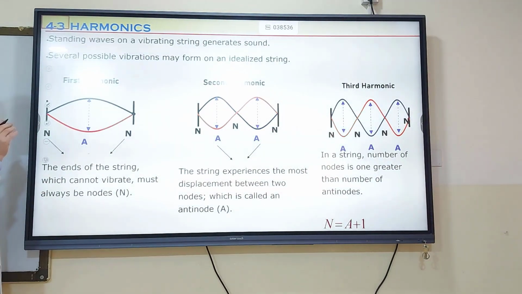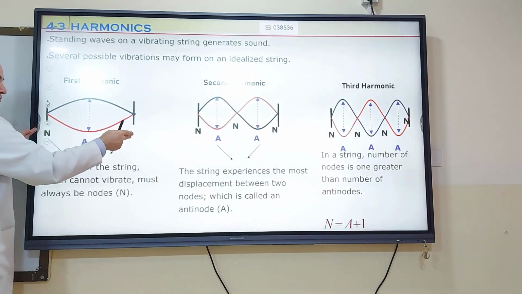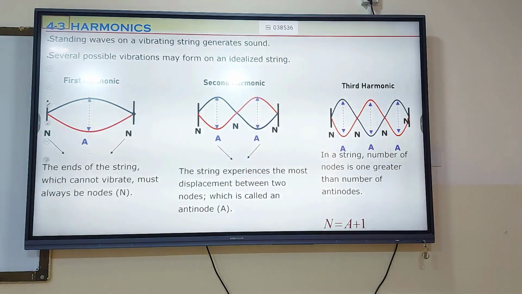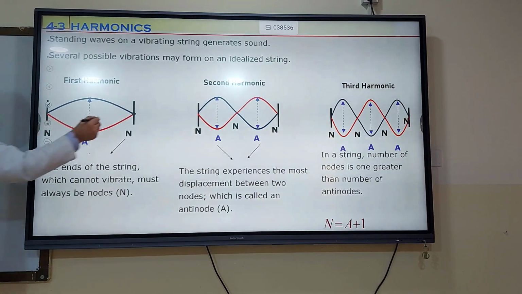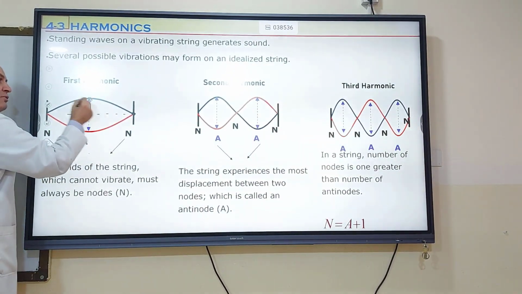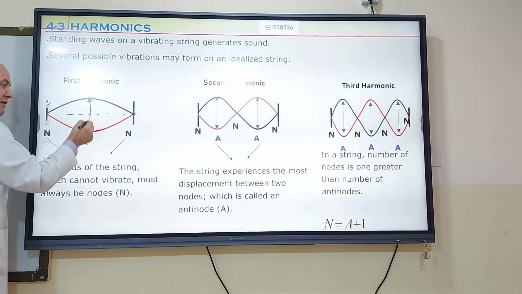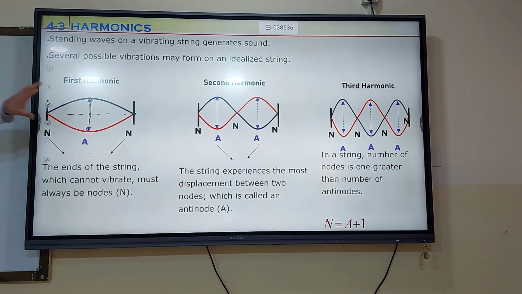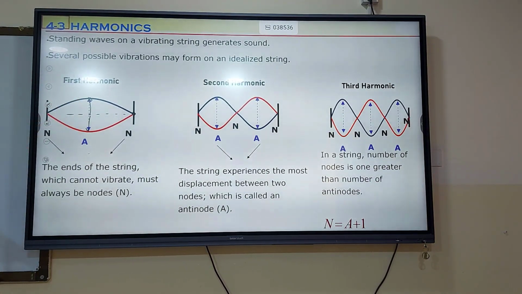These are nodes. But between two nodes, there is a point. This point is vibrating with the largest amplitude. From the equilibrium position, this is the equilibrium position, you know, largest amplitude above in the positive y direction, also vibrating in the negative y direction with the largest amplitude. This is called an antinode.